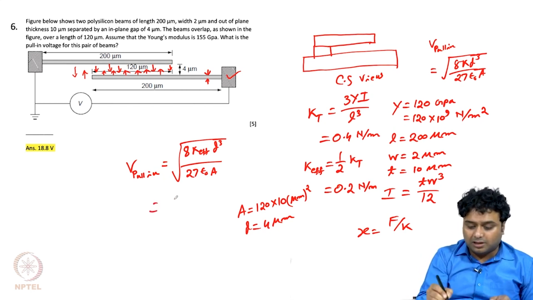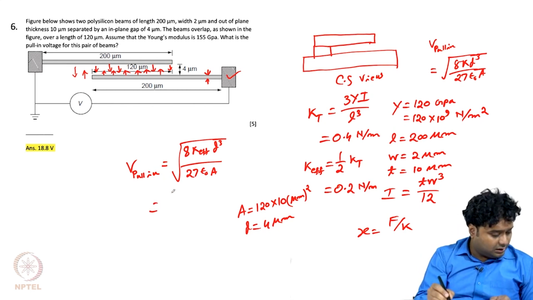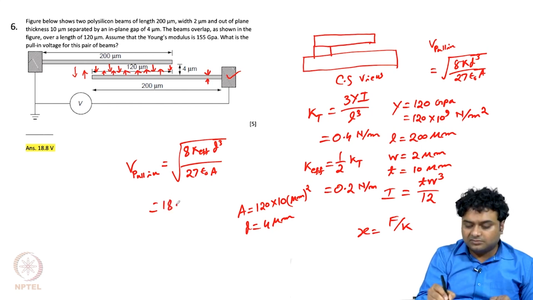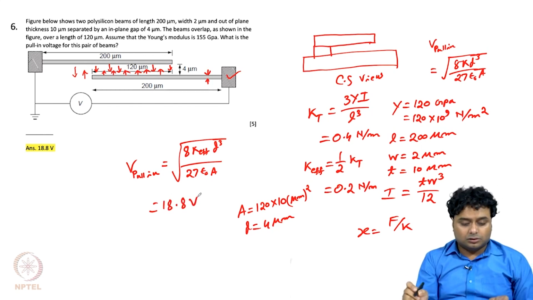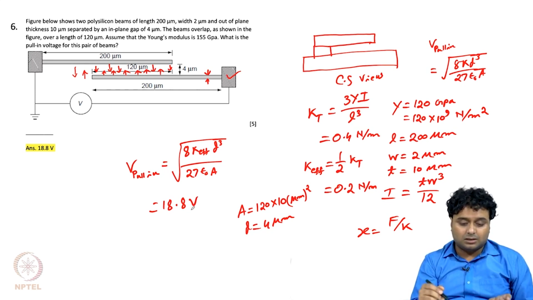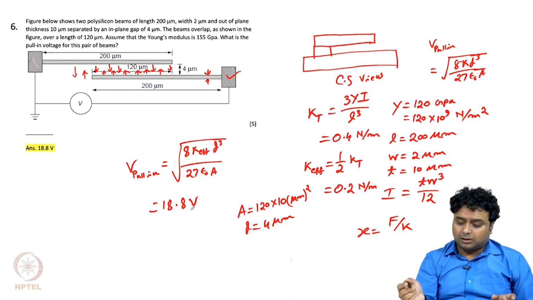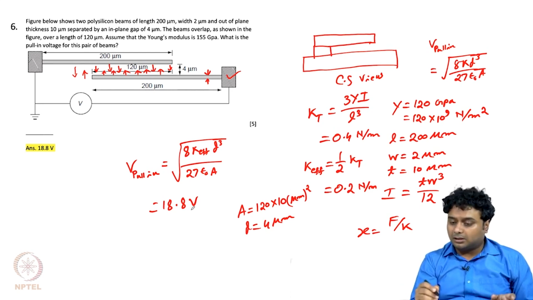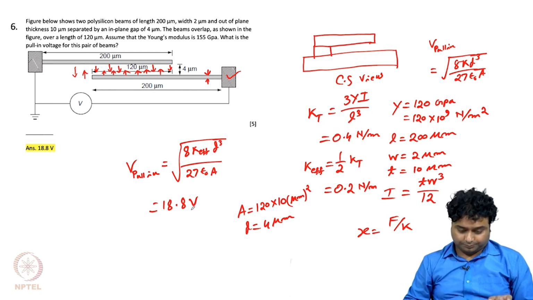So if you put all these values and calculate, you will get 18.8 volt. Mind that after calculation we are getting one value, but while accepting the answer we have kept a range, so that because of these decimal points, your answer's correctness will not be affected.